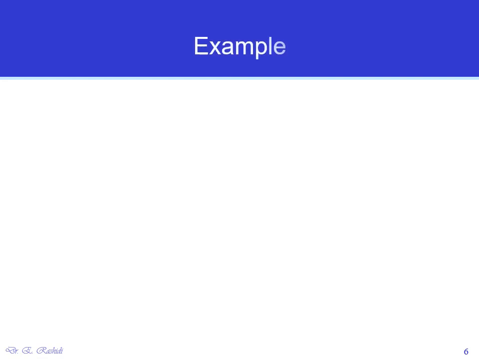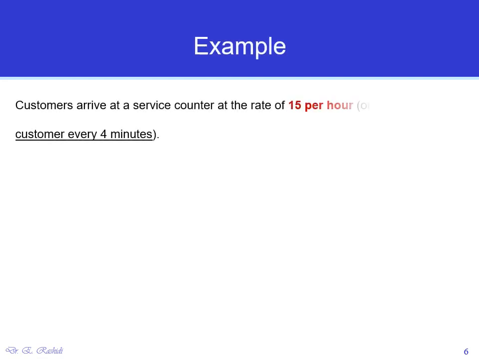Let's see an example. Suppose customers arrive at a service counter at the rate of 15 customers per hour, which is equivalent to 1 customer every 4 minutes on average. How so? We have 15 customers per 1 hour, but 1 hour is 60 minutes.